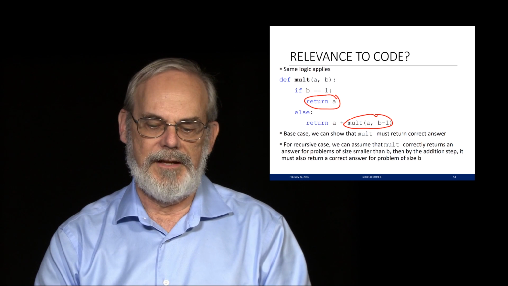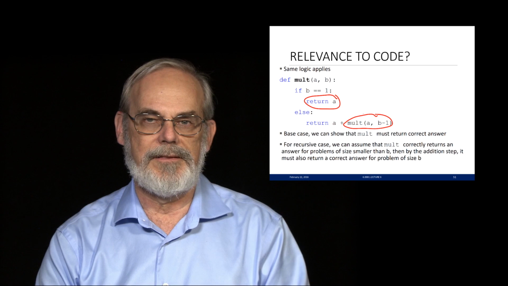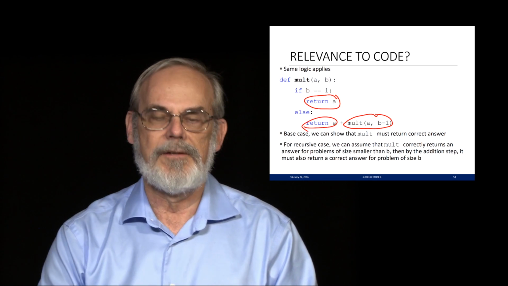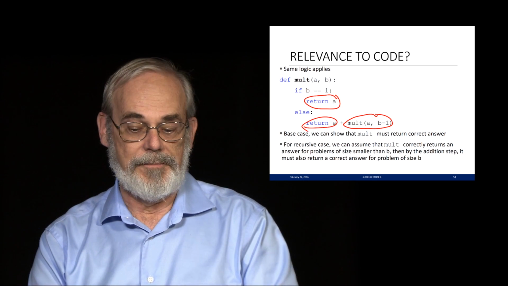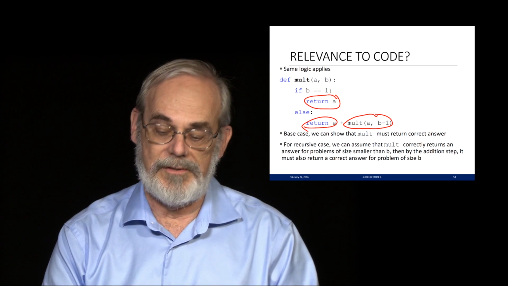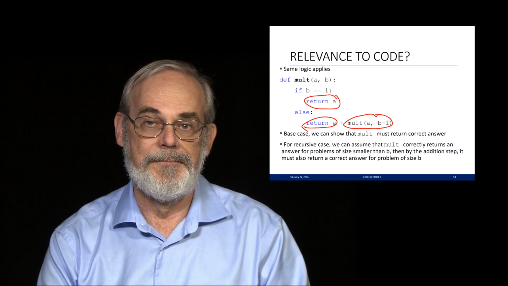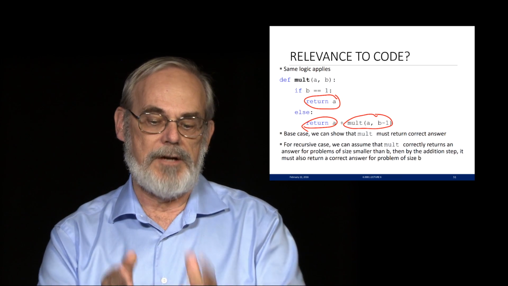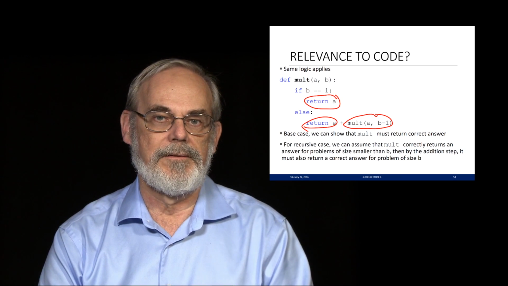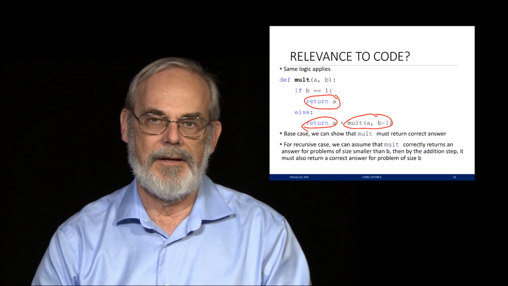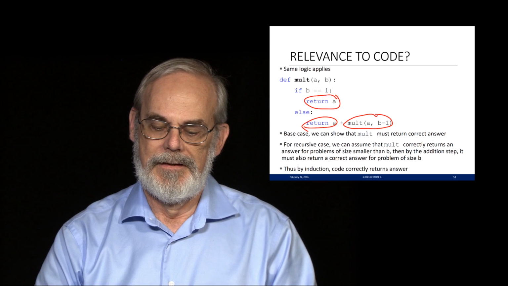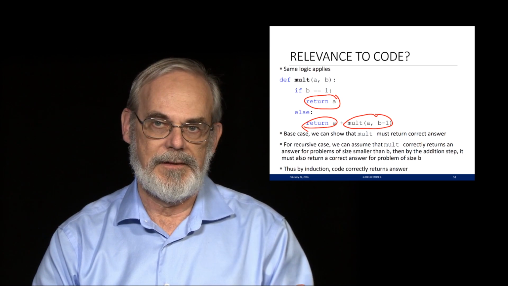And in that case, I can then say on this piece of code, if it does the right thing, then this return does the right thing, because it's simply an addition. So in that case, I know it returns the right answer for a problem of size b. And by mathematical induction, my code will always do the right thing for appropriate values of a and b. Thus, induction tells me I've got code that works.